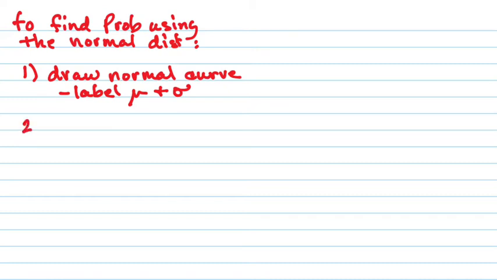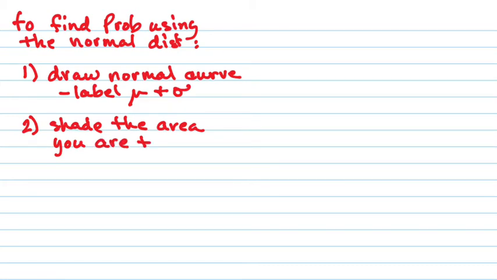It's going to be important that you understand exactly what it is that you're looking for. Second, shade the area you are trying to find. Because the way the normal distribution works is that the area under the curve is what you're looking for.